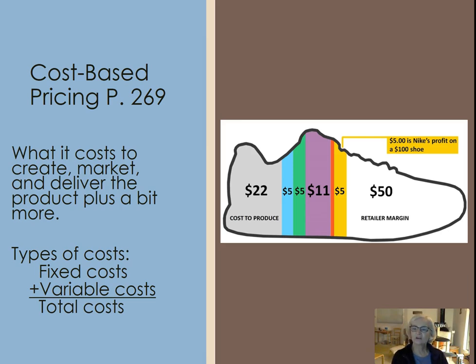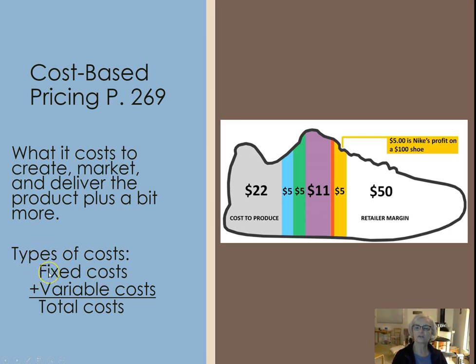And that means that there is lots and lots of cost to produce, then there is the cost to market, there is a cost to actually transport it to the retailer, etc., etc.